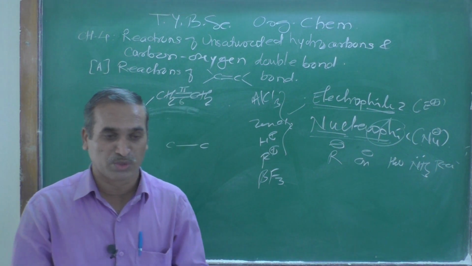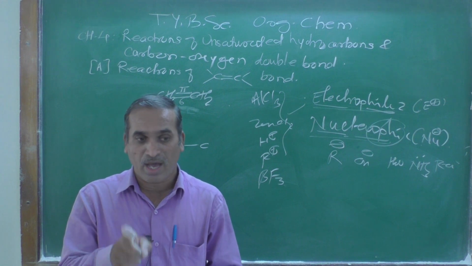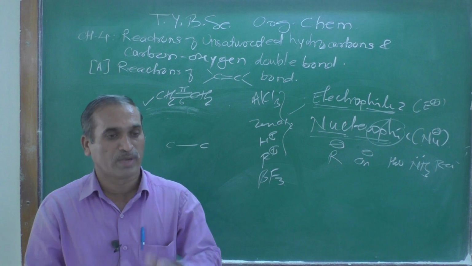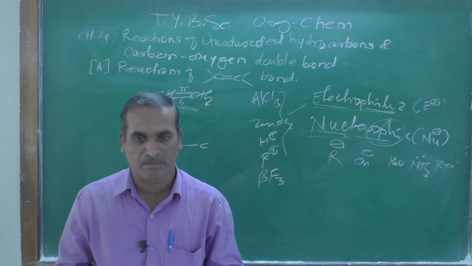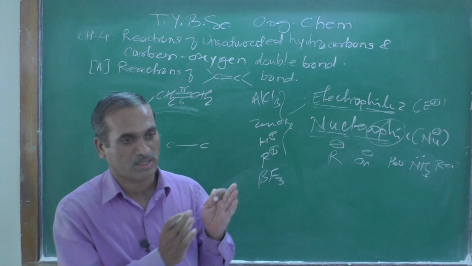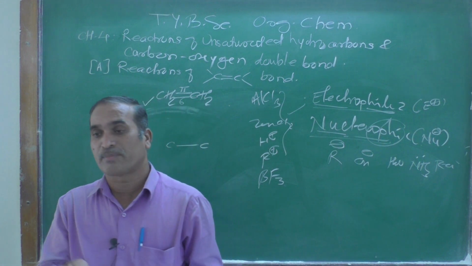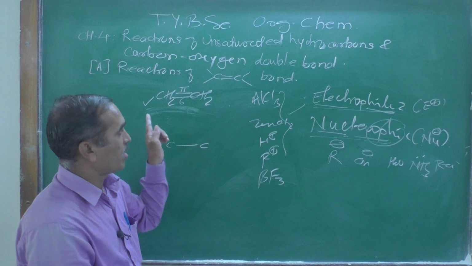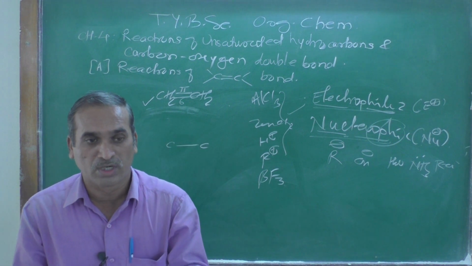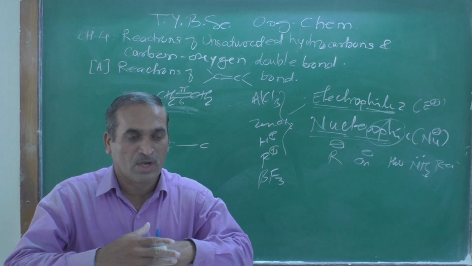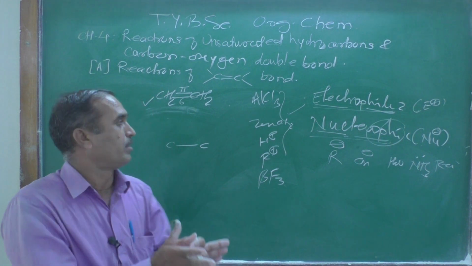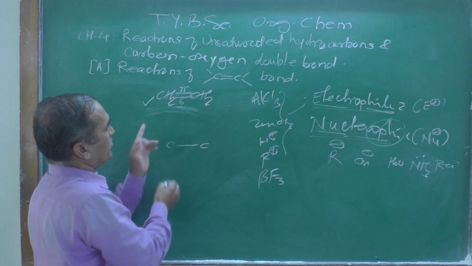And as we know, the pi bond is a weaker bond than the sigma bond, so a 2 mark question may appear in an exam: why is sigma bond stronger than pi bond, or why is pi bond weaker than sigma bond? Because sigma bonds are formed by coaxial overlapping of atomic orbitals and form a new hybrid orbital.